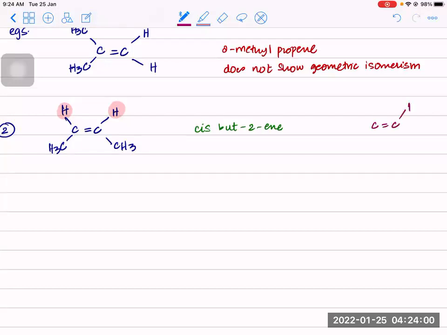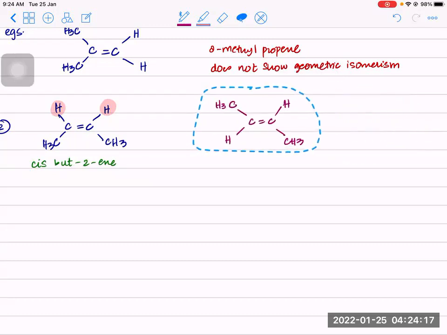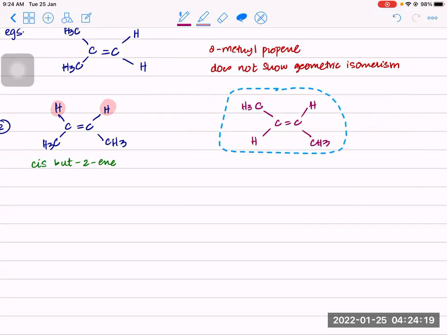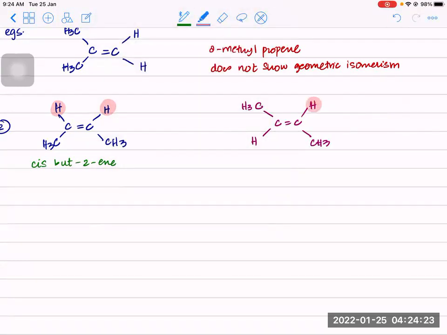Where similar groups are on opposite sides. So this will be what? Trans but-2-ene. Clear? So this is cis but-2-ene. This would be what? The trans but-2-ene. So here, similar groups are on opposite sides. So this is trans but-2-ene.